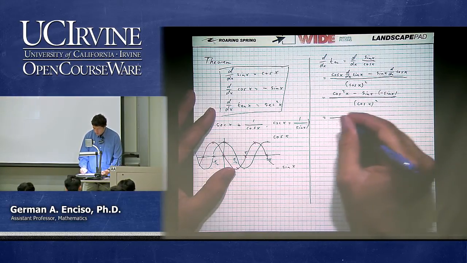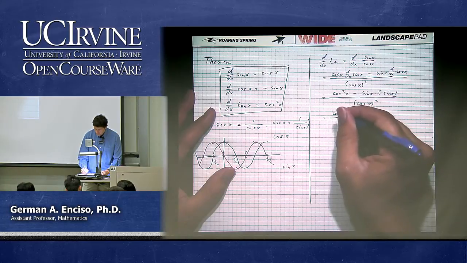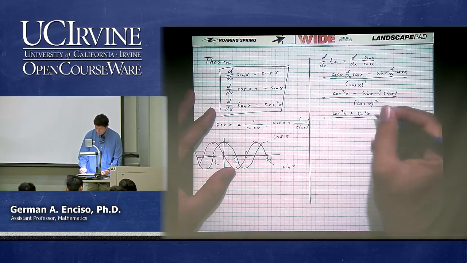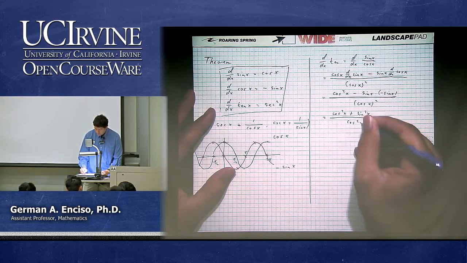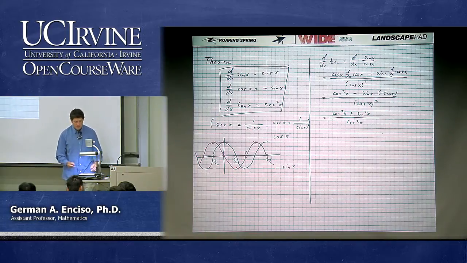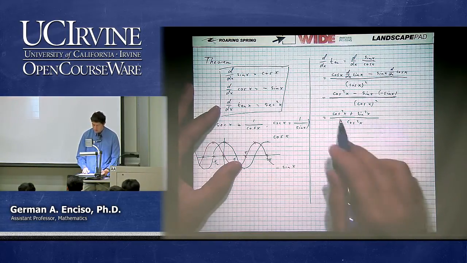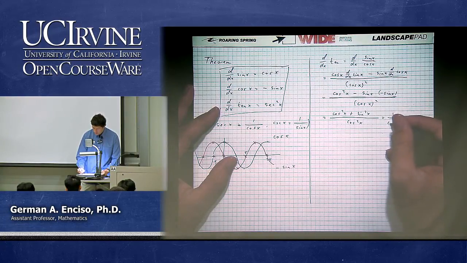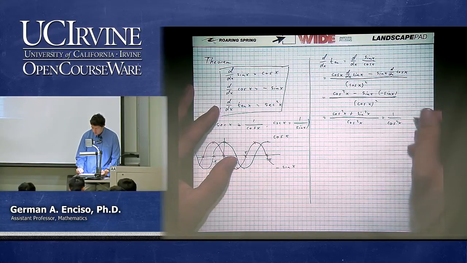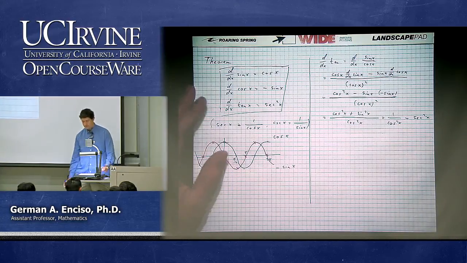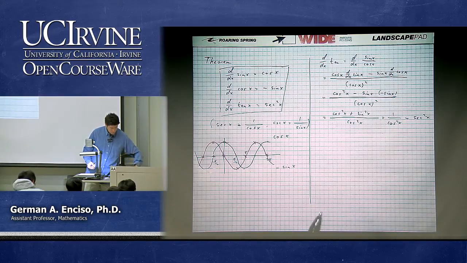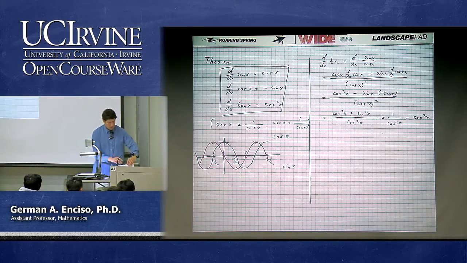And this is equal to cosine x squared plus sine x squared divided by cosine x squared. Now you guys all know cosine squared plus sine squared adds up to 1. So this is 1 over cosine squared, and this is the same as secant squared. That's it.